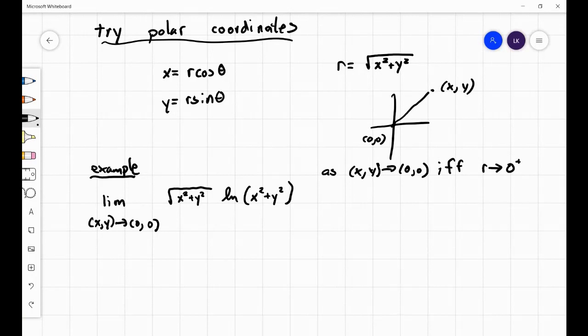If we try to evaluate directly, we don't have a denominator, but we would get that the first factor goes to 0, and the second factor here goes to negative infinity, because remember log, as the argument of log approaches 0 from the right, log approaches negative infinity. And this is, as you recall, indeterminate. 0 times infinity is indeterminate.